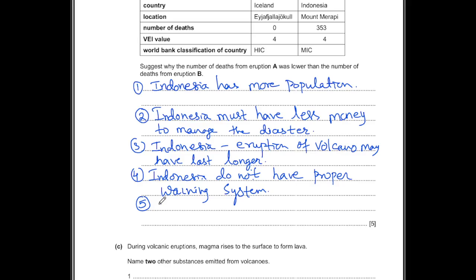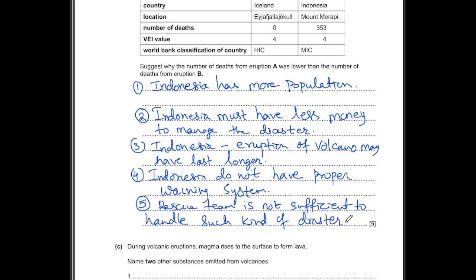So in relation to Indonesia only, the rescue team is not sufficient to handle such kind of disaster. Already the population is dense, but maybe the rescue team is not practiced, or they do not have enough training to handle such kind of disaster.